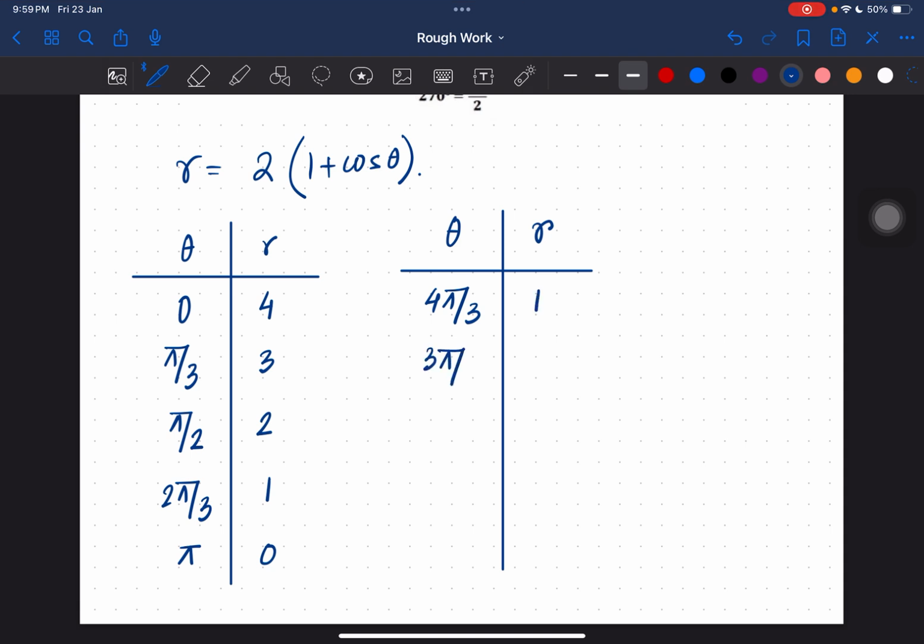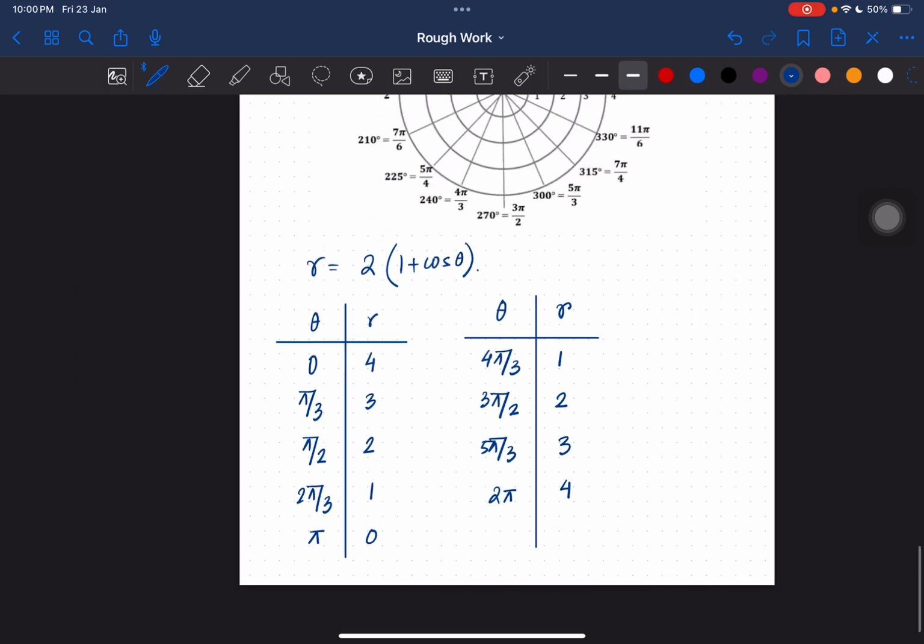The cos value is 0, so it's just 2. Then we can take 5 pi by 3. The cos value is plus half, so 3 by 2 times 2 is 3. And then finally 2 pi, it is 1, so 4. I think all these values will be sufficient to draw our graph.